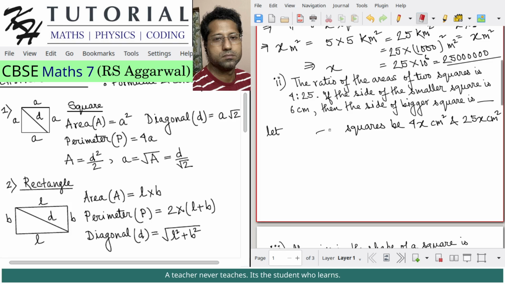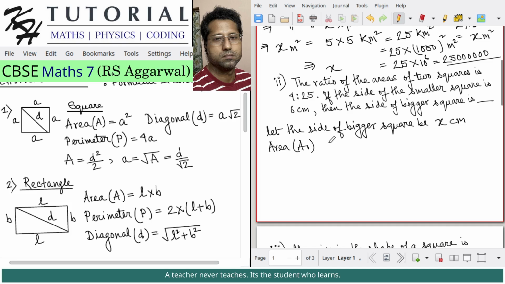Let's assume, if the side of smaller square is 6 centimeter, then the side of bigger square is, okay, let the side of bigger square be x centimeter.